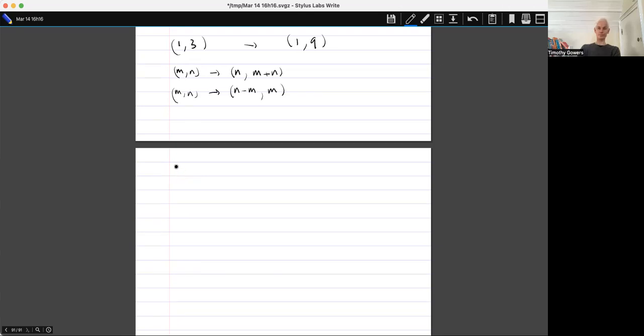So 1, 3, let's just swap them round and do this, so that gets me to 3m plus n, which is 4. Second one under sum. Let me swap them around, and so 4, 7.